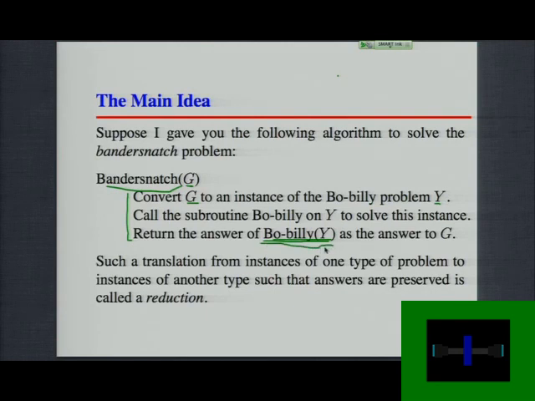So the only way that this can be a correct Bandersnatch algorithm is if for every G, Bandersnatch of G is the same as mobility of Y. If I'm returning this as my answer, and my algorithm is correct, this answer had better be the same as my desired answer. Any questions about that? Okay?